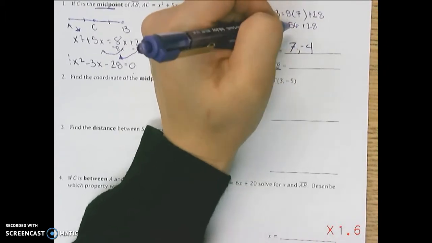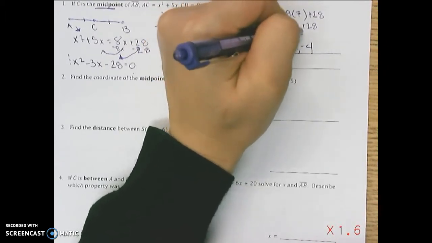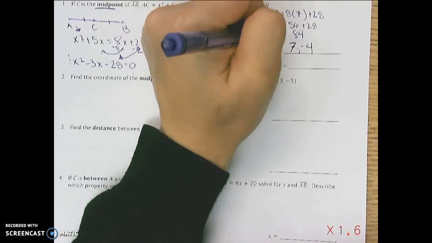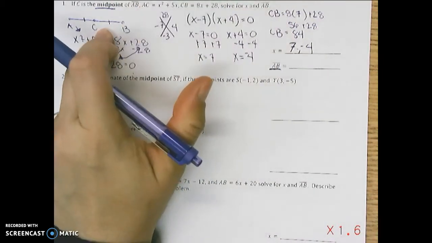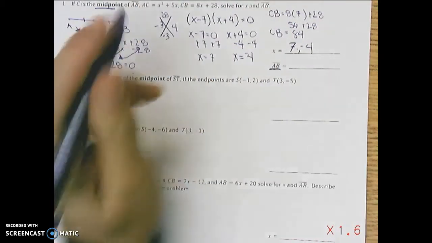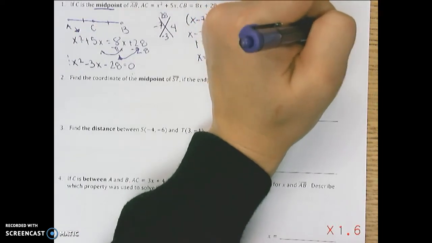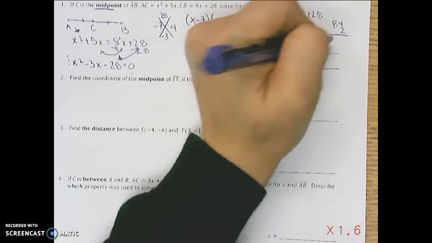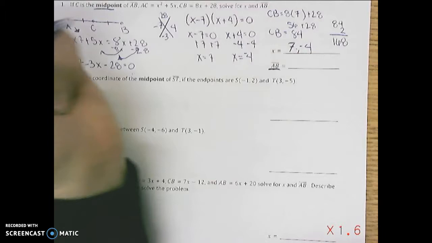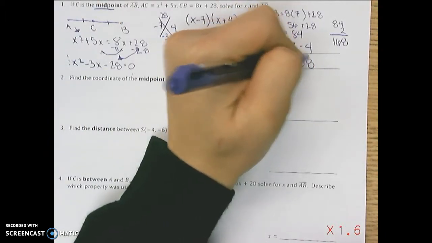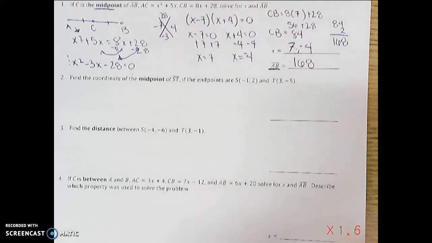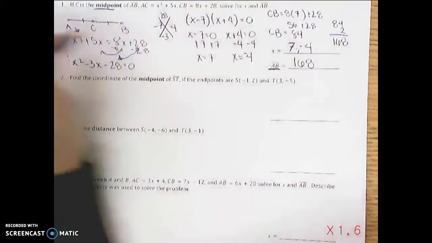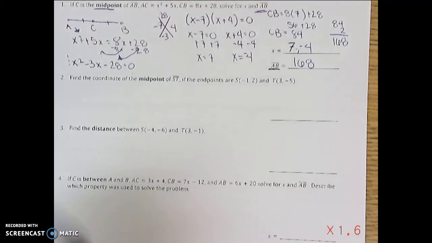When you combine those, you get 84. Remember, CB is only half of our segment, so we need to take that 84 and multiply it by 2. When you do that, you'll get 168. And that is our answer for the segment AB.